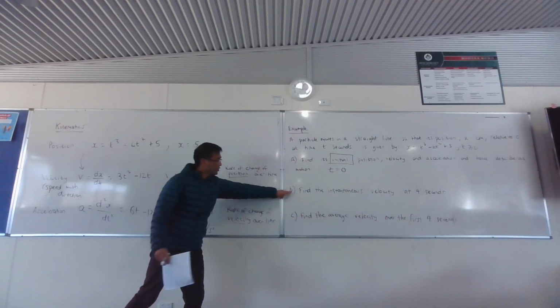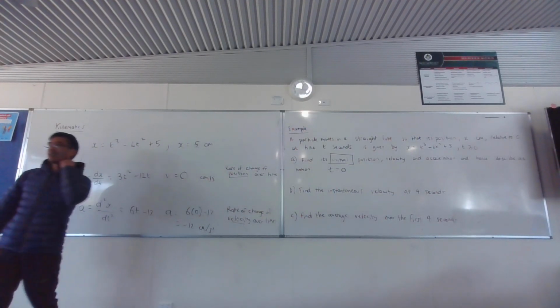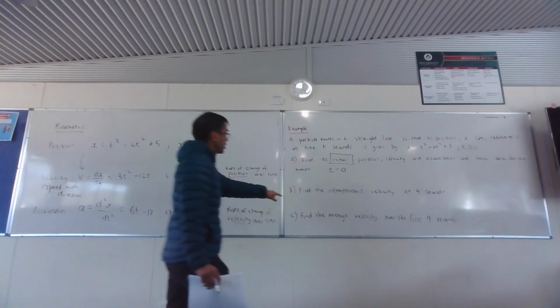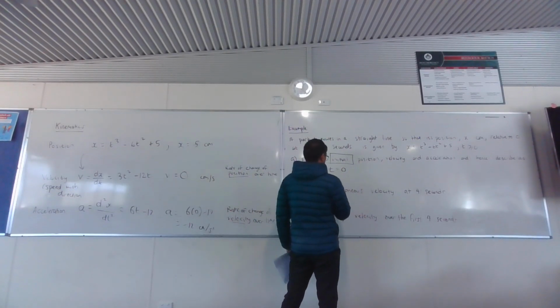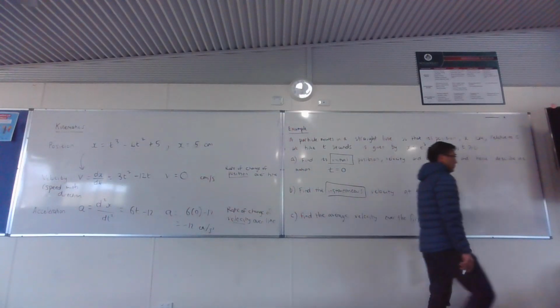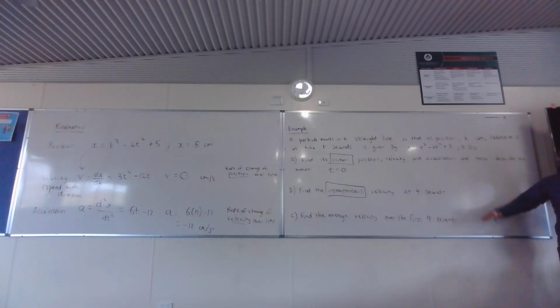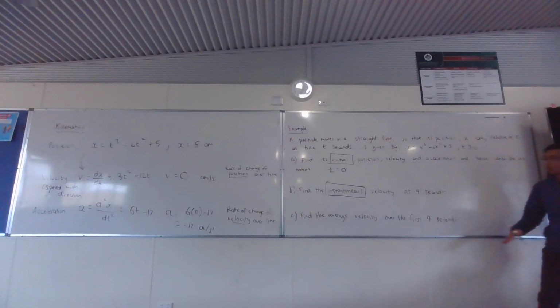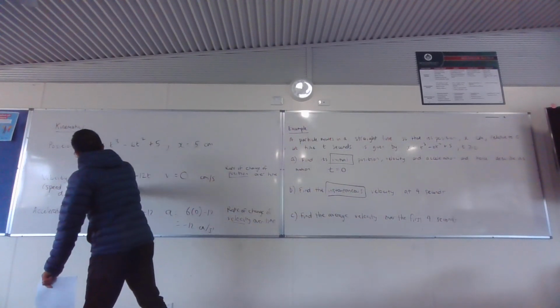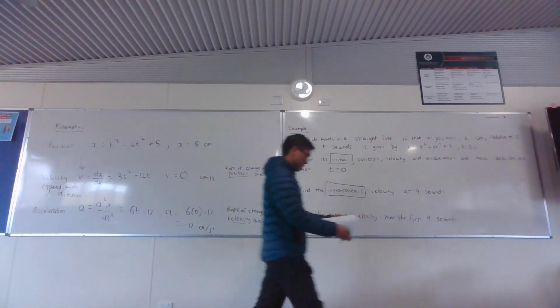Now we've got two questions here. It can be really easy to get confused about which one to do. Find the instantaneous velocity at 4 seconds. If I go here, it's pretty straightforward. I'm going to go to my velocity equation, and I'm just going to plug that in.